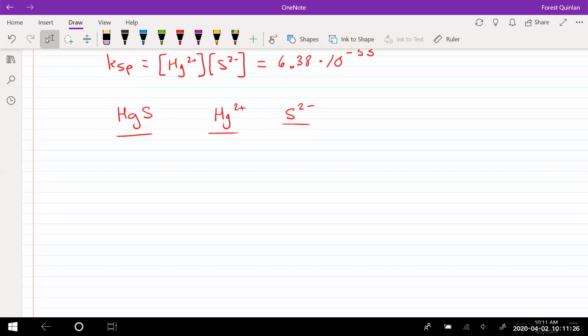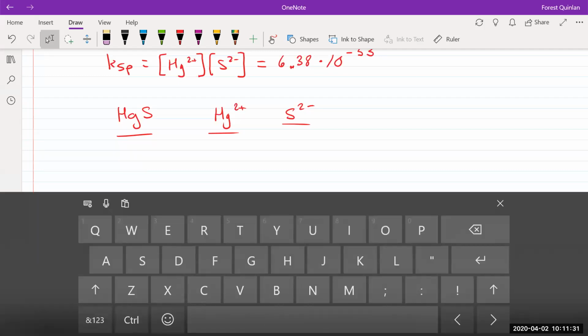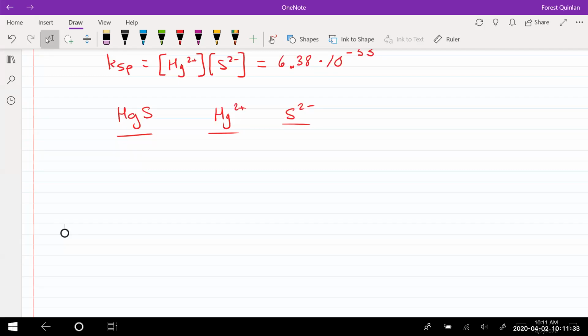Apparently they have different values, and they both have 2 times 10 to the negative 53 and 2 times 10 to the negative 54. So this is probably an agglomeration of both of them, maybe somewhere in the middle. But I wasn't wrong. It's stupidly insoluble. I hadn't actually looked up the difference on those.